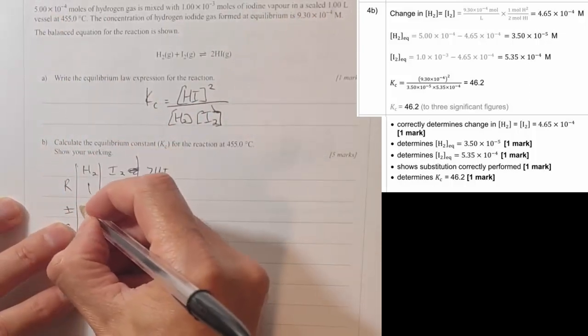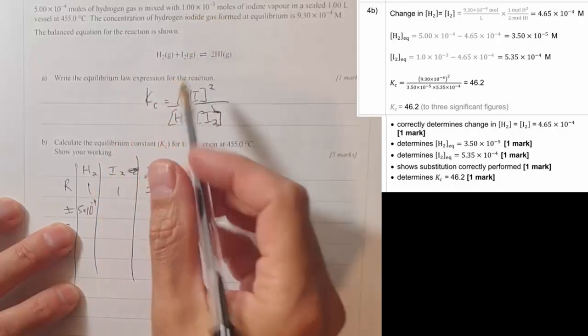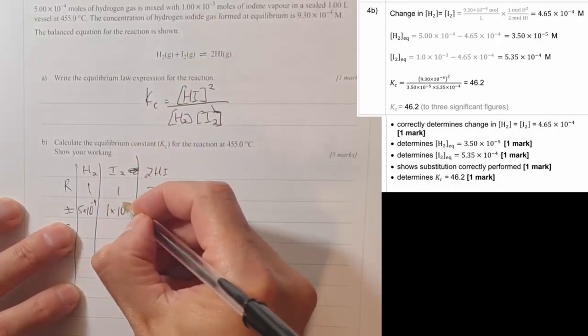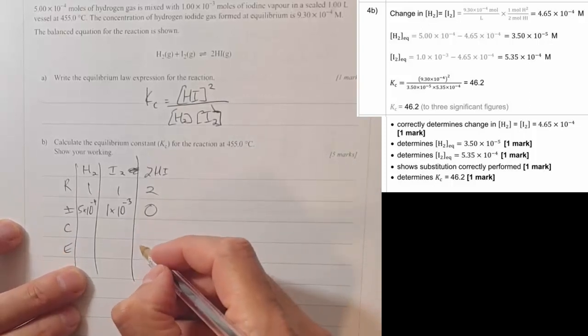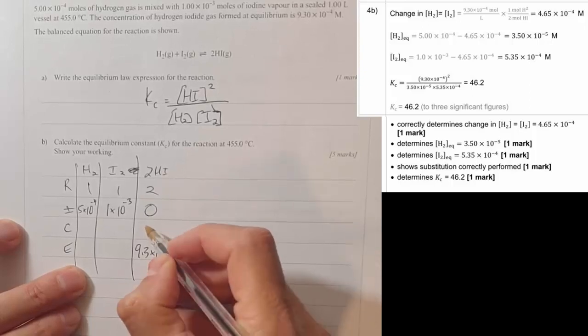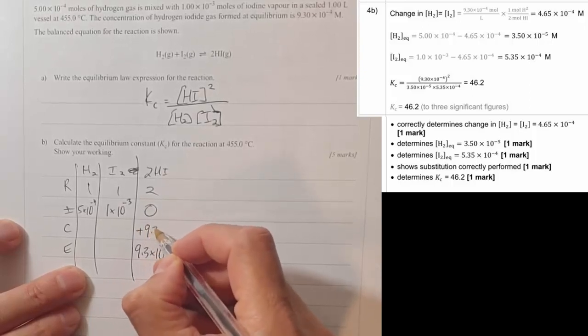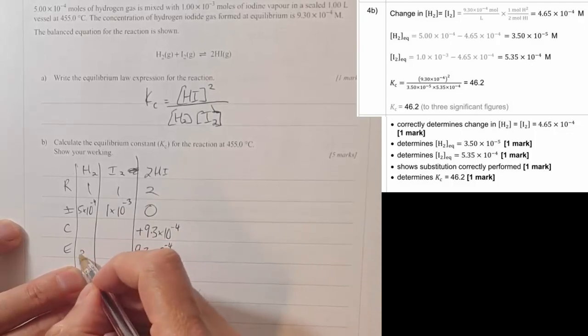So 5 times 10 to the negative 4. The iodine is just 1 times 10 to the negative 3. This is nothing. But at equilibrium, it's 9.3 by 10 to the minus 4. So this is increased by 9.3 by 10 to the minus 4. So these two are going to be equal.